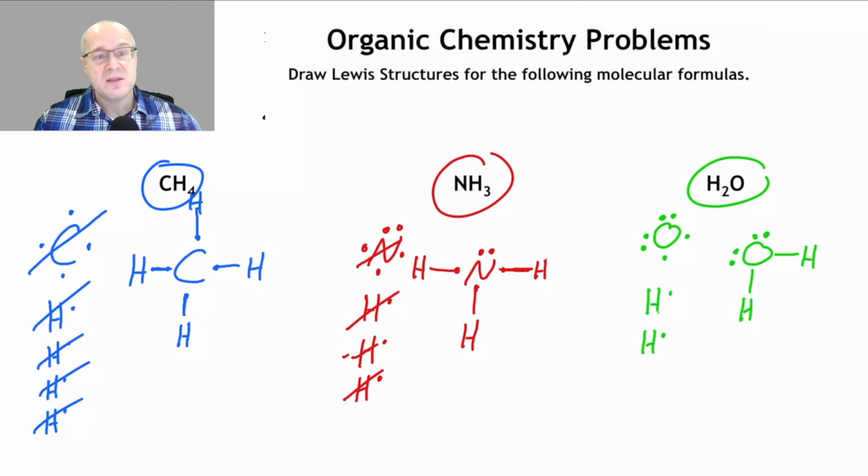The oxygen has 8 electrons. Every hydrogen has 2. The octet rule for water is satisfied. The octet rule for oxygen, I keep saying water. The octet rule for oxygen is satisfied. The octet rule for hydrogen, or the duet rule, is satisfied. So this is how we come up with these structures for these molecules.